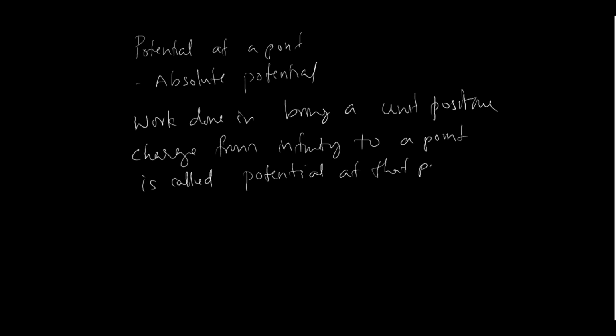So now in VAB, if you want VA, then B is the final point, and the point from where you are bringing the charge is the initial point. So B should be at infinity. That means RB will be equal to infinity, right? The radius up to infinity will be infinity. So VA can be defined as VAB given B at infinity.